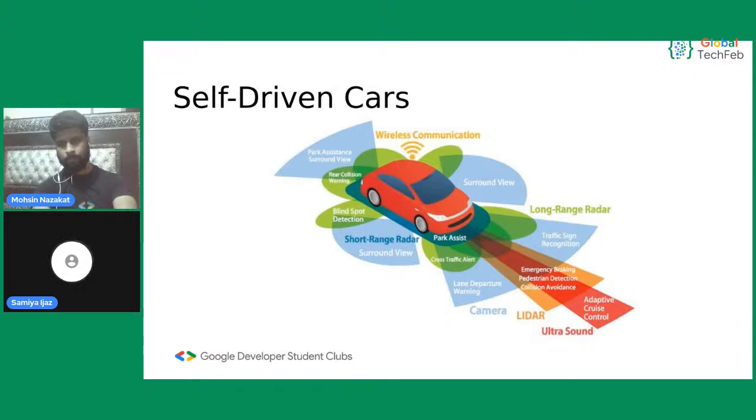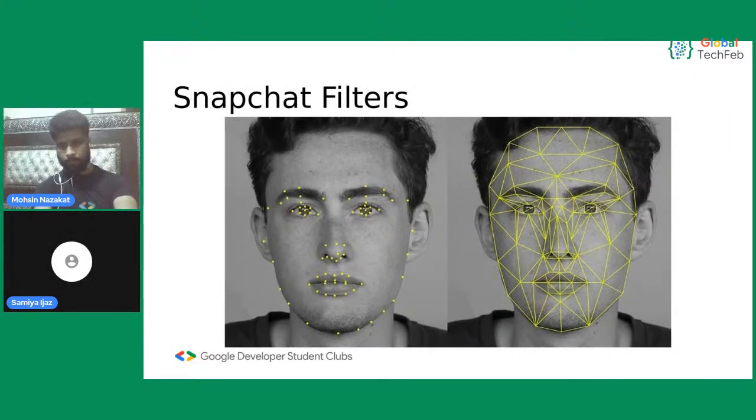Then we have our favorite Snapchat filters. Filters are part of image processing. In image processing, machine learning and deep learning are playing their roles as well, like in detecting and differentiating face structure and features.